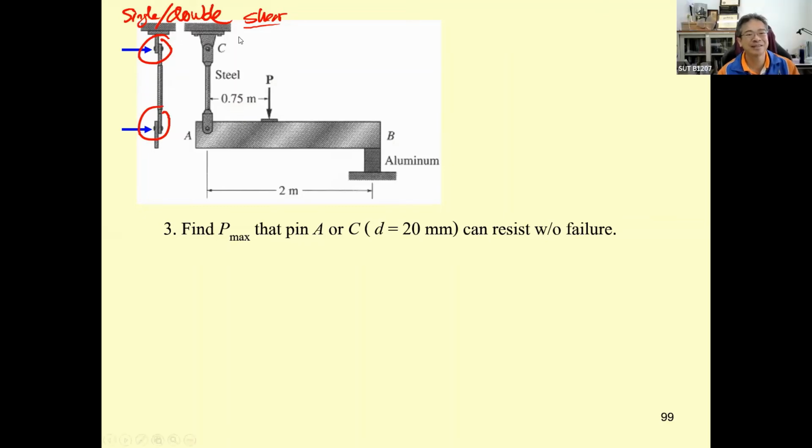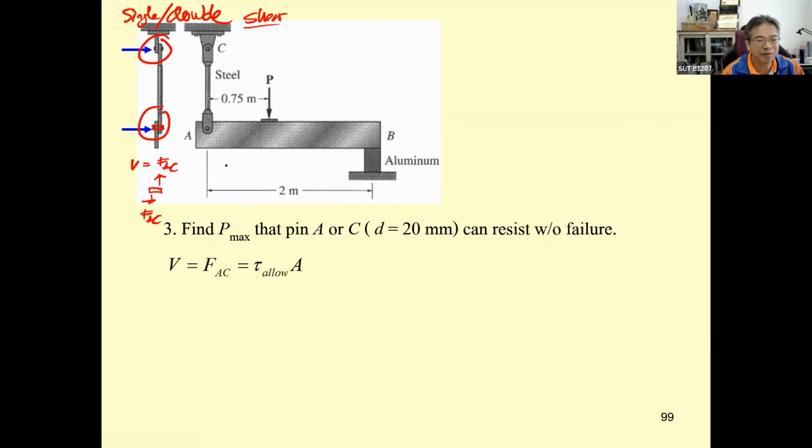Since this one is single shear, that means the force that occurs on this bolt, you got F sub AC, right? The force on this one must be F sub AC also. So the shear force will be F sub AC.